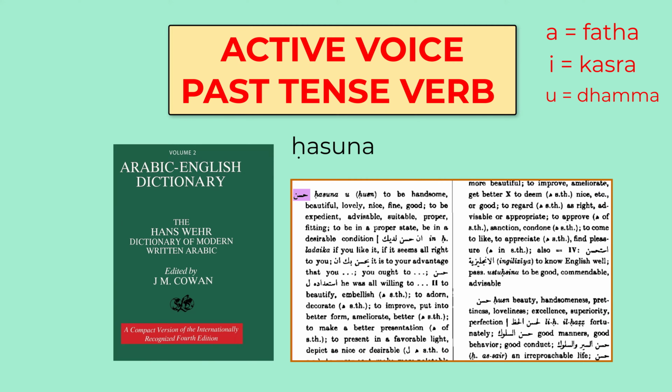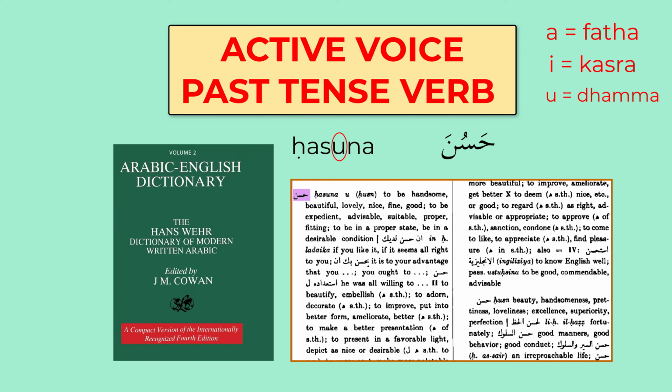And in this entry, after the sin, there's a U. It's hasuna. So what does hasuna mean? If we look at the entry, it says to be handsome. So he was handsome, beautiful, lovely, nice, good, or even it was good, fine, suitable, proper, and so on.